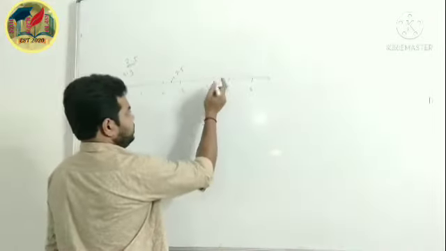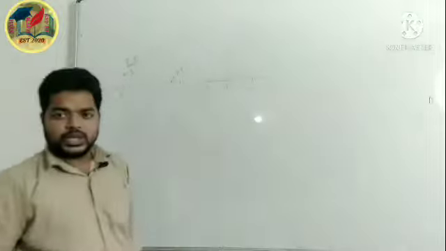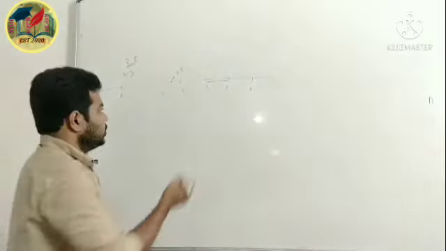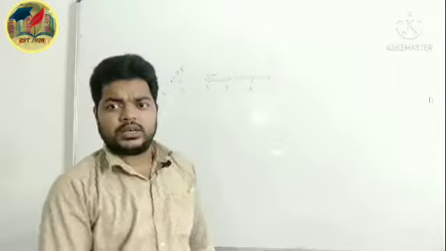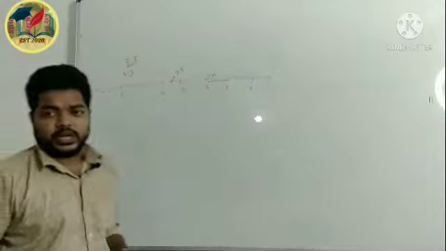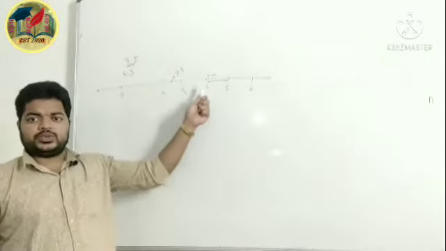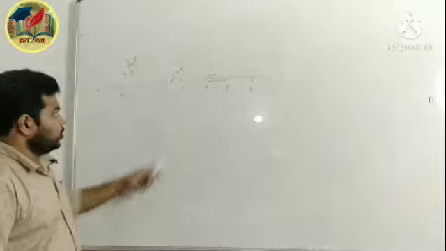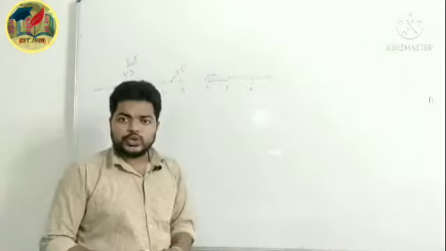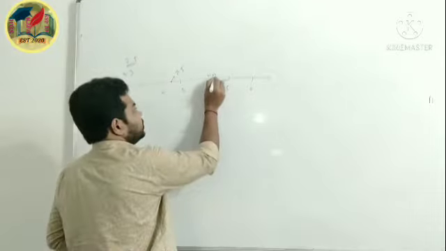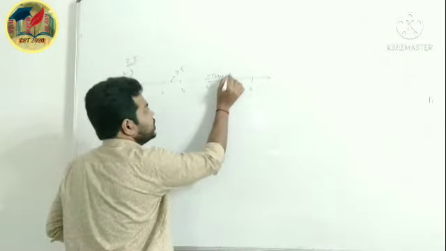So we divide the line between 4 and 5 into 10 equal parts, that is 4.1, 4.2, 4.3, 4.4, 4.5, and before 5 this is 4.9 and this is 5.